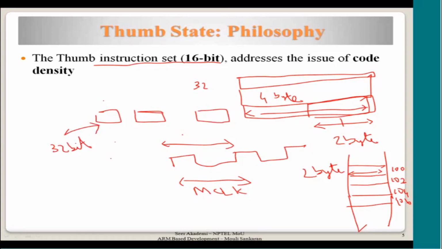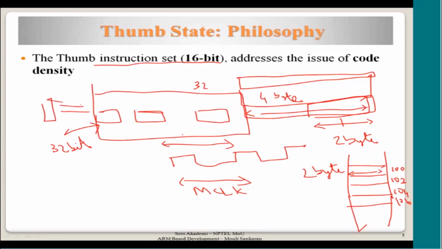Now the same pipeline exists. Inside the ARM processor nothing changes. The only thing that changes is the memory ARM is interfacing with, and how it reads the instruction. It starts fetching 16 bits, only 2 bytes as an instruction, and moves the 16-bit instructions into the pipeline.